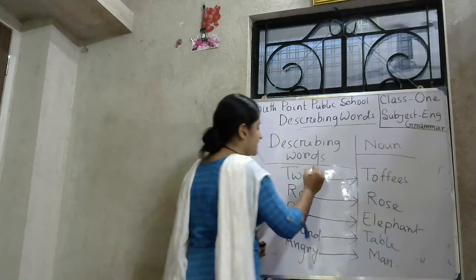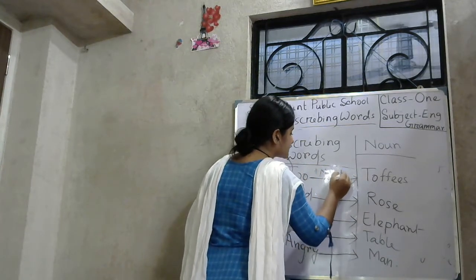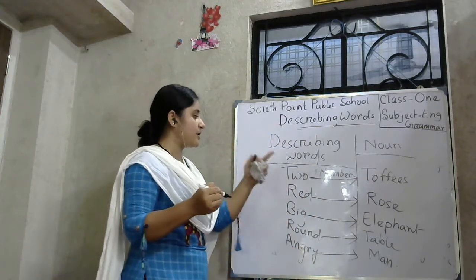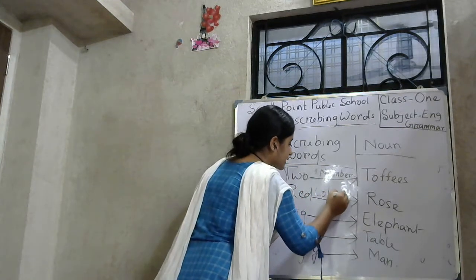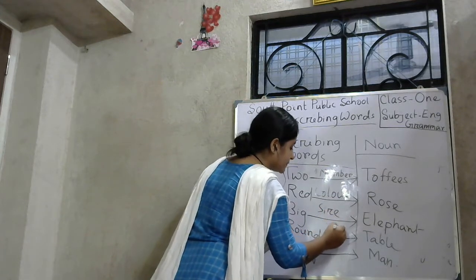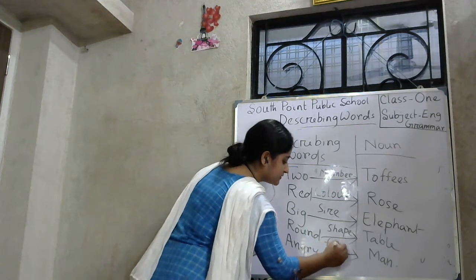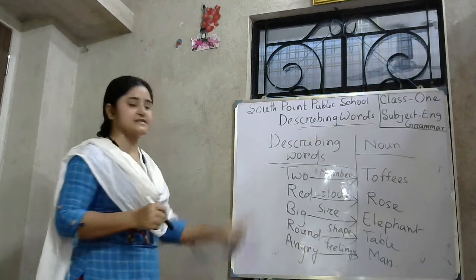So describing words tell us more about the number, color, size, shape as well as feeling. These are called describing words.